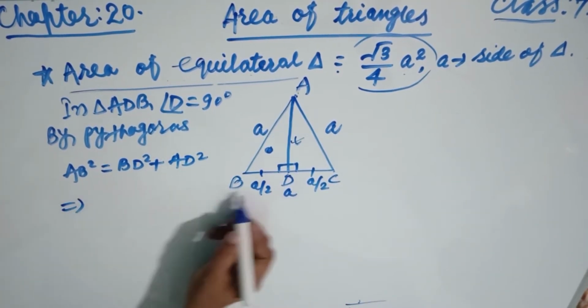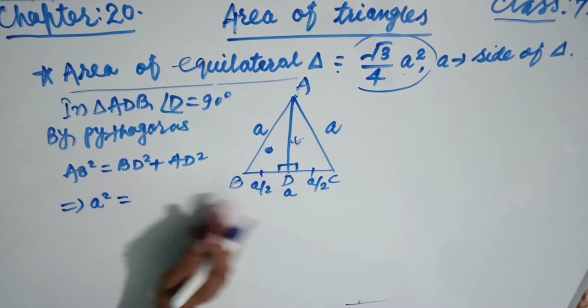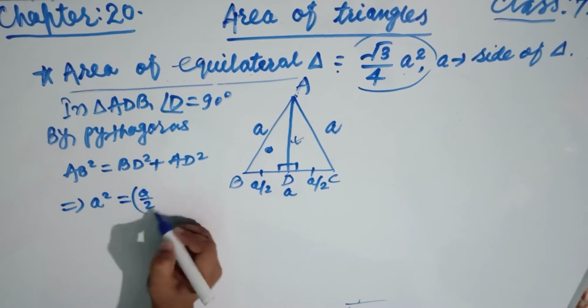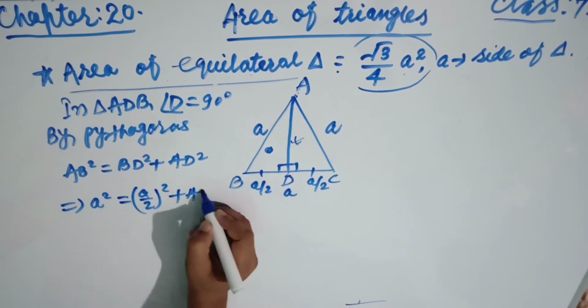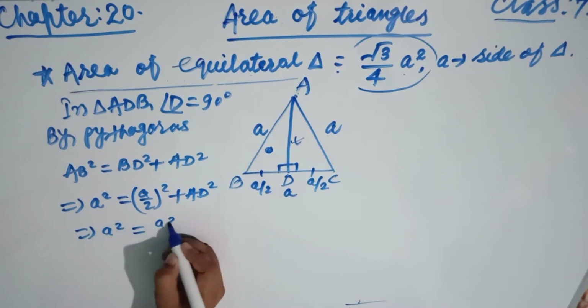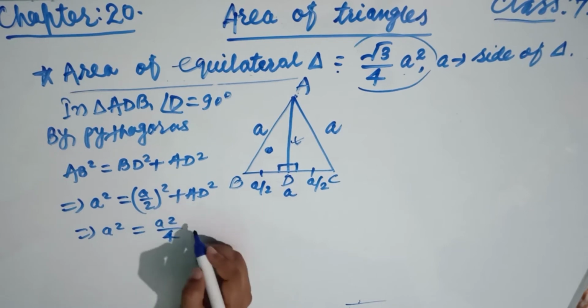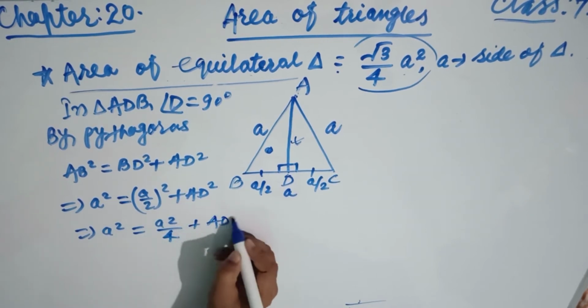Now AB is what, friends? AB is a, so a square is equal to BD, which is a by 2 raised to the power 2, plus AD, which we have to find as it is. Now friends, a square is equal to a square by 4, because a and 2 raised to the power 2 becomes 4, plus AD square.